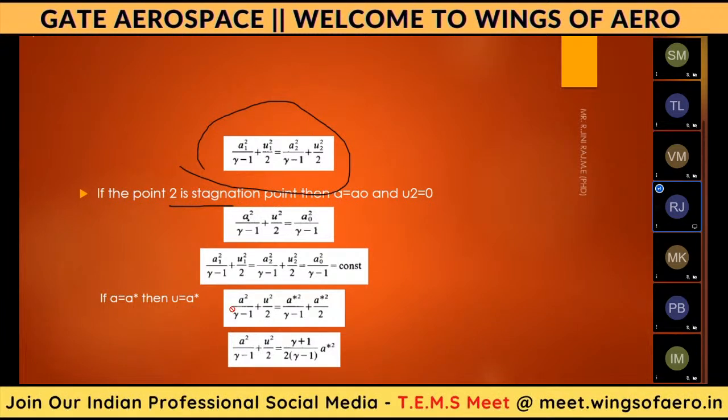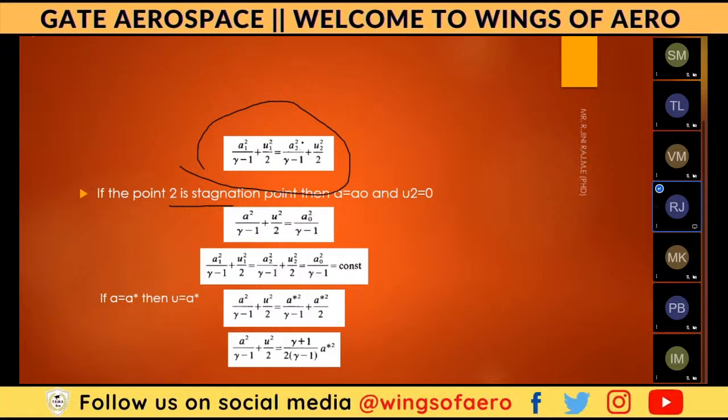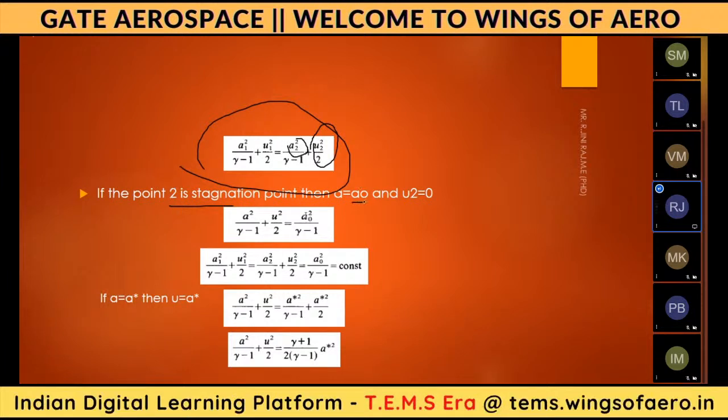Therefore, in this equation a square divided by gamma minus 1 plus u square divided by 2 equal to a naught square, I substitute a2 equal to a naught and u2 equal to 0. So the u2 term will become 0. Then for the a2 term, we substitute the value a naught, so a naught square divided by gamma minus 1.